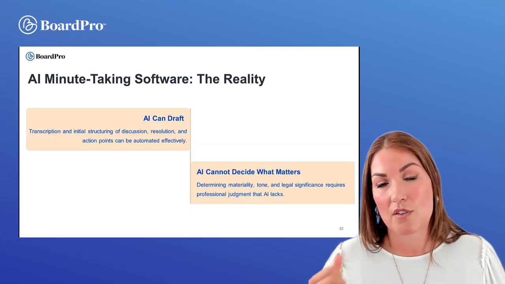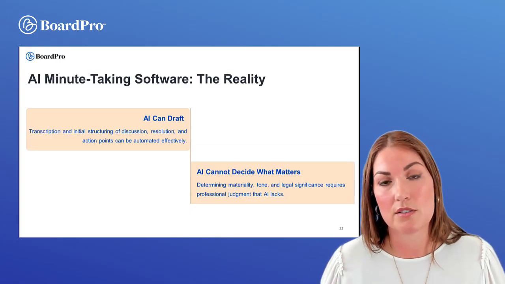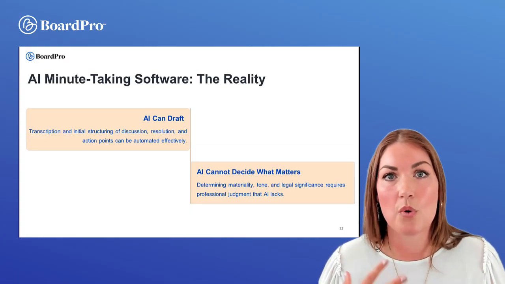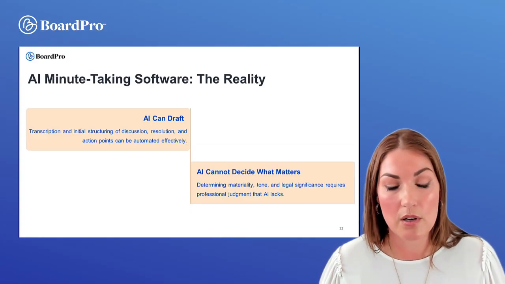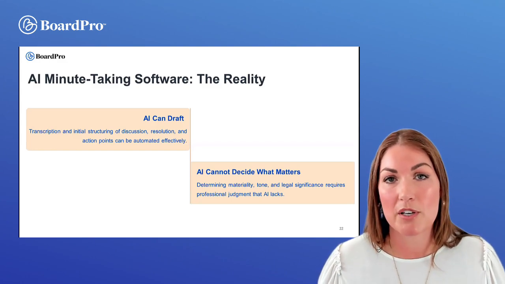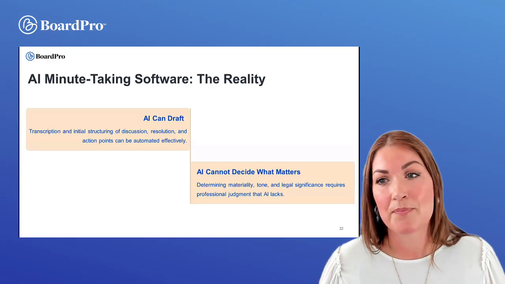Because what AI software does not pick up on is the context of these discussions. It doesn't understand the nuance of body language or change in vocal control. It struggles to accurately hear when people are talking over each other, which can happen during robust conversations.